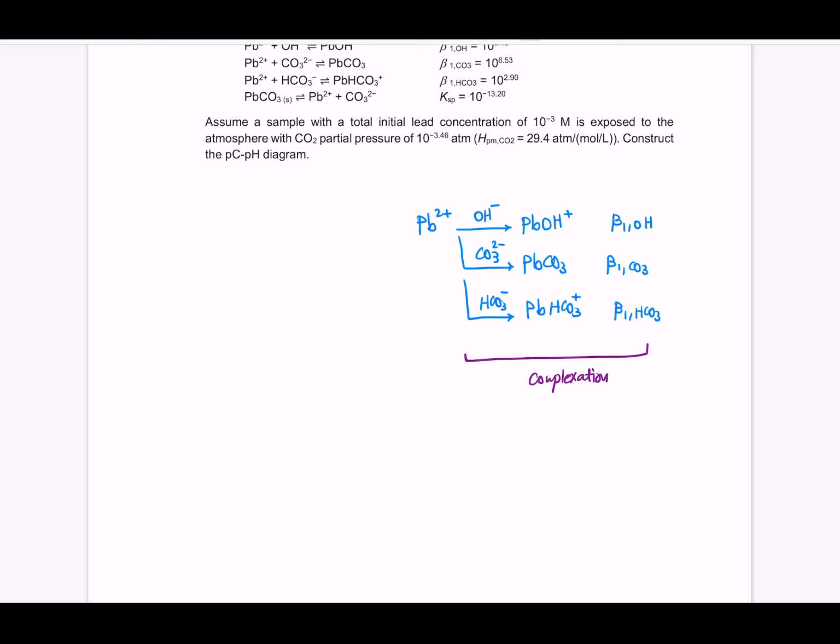What else? Okay. With carbonate. Potential precipitation with carbonate. PbCO3. And then this would be KSP, or the KSP that is given.